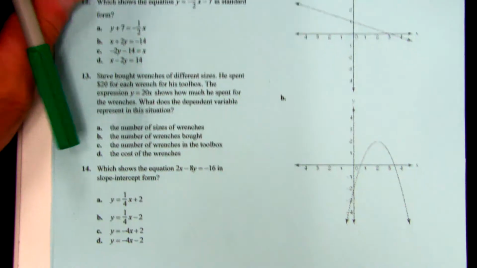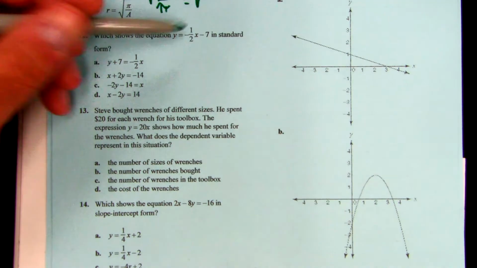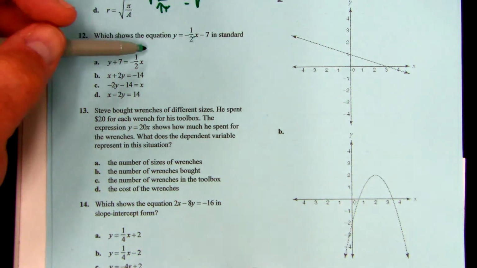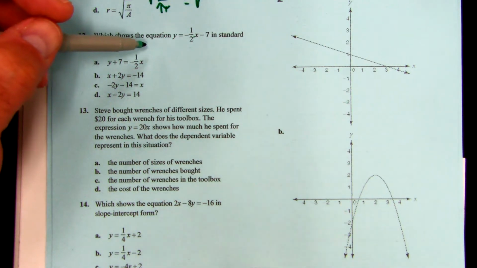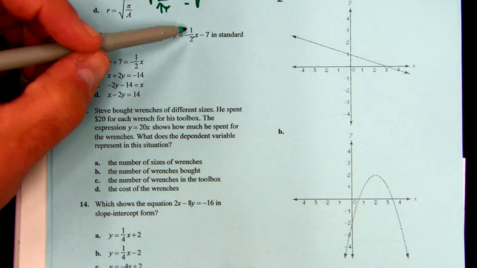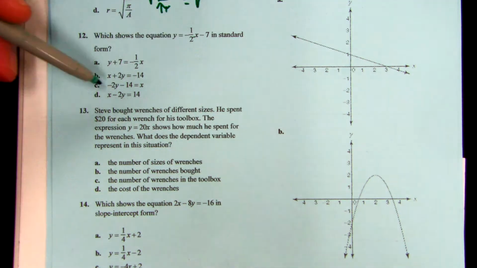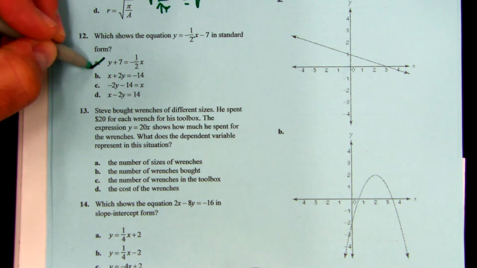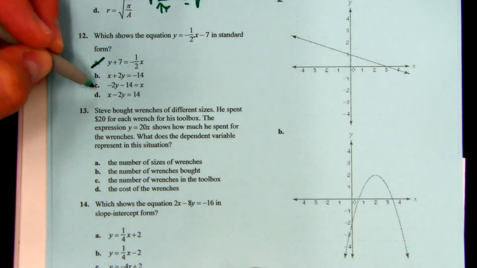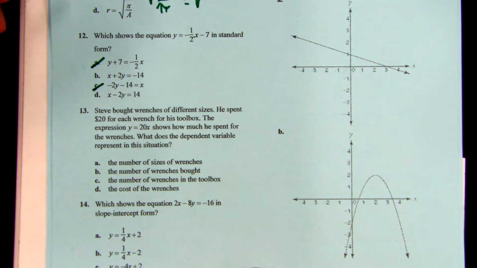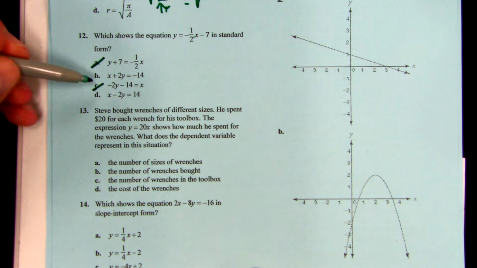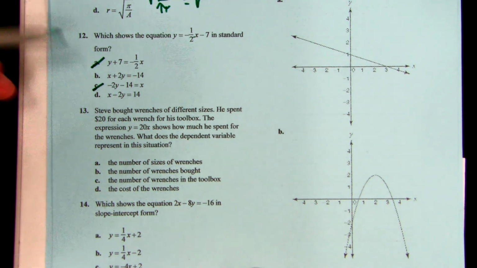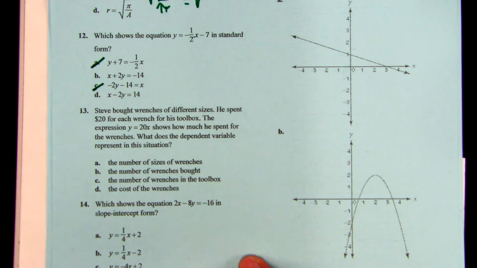Problem 12. It says write this in standard form, which means you have to have the x and y on the same side, and you can't have fractions. Notice, it can't be this one because x and y aren't on the same side. It can't be this one because x and y aren't on the same side. So you're narrowed down to either this problem or this problem because x and y have to be on the same side.